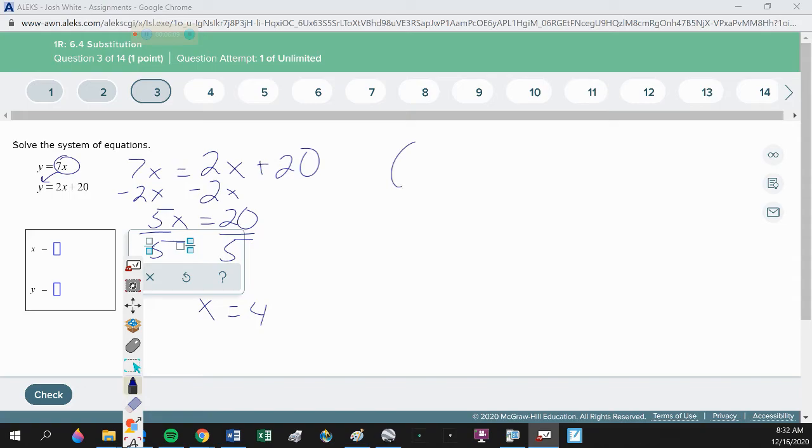So I know my answer is 4 comma something. I need to plug that 4 back in to figure out what the y value is going to be. And the top equation looks easier to me. So I'm going to plug the 4 in there. 7 times 4 is 28. That intersection occurs at 4 comma 28.